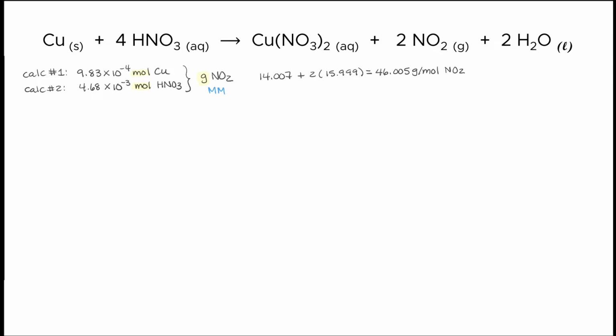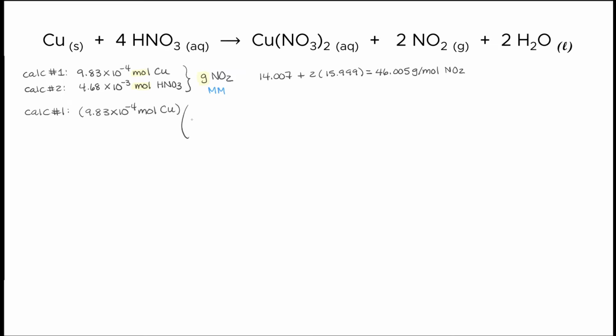So to calculate the theoretical yield, we'll calculate moles of NO2 coming from each reactant. We'll determine which value is the theoretical yield, and then we'll apply the molar mass step to that value. You'll see how this works. So for calculation number 1, we start with what we're given, 9.83 times 10 to the negative 4 moles of copper.